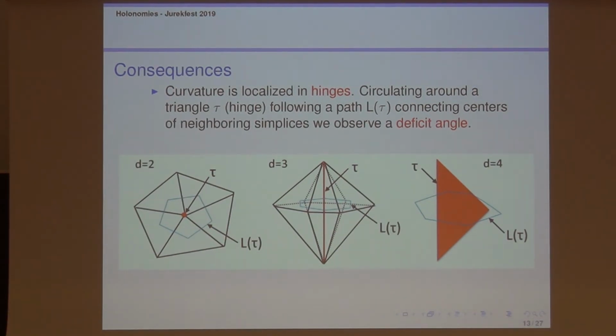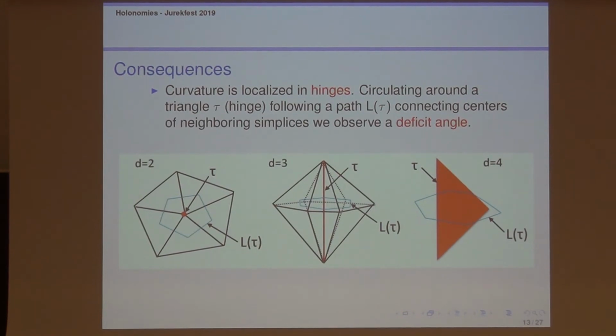In fact, we do not see curvature directly. We can only observe it by measuring the angle we obtain by going around a hinge and trying to figure out the deficit angle. So curvature sits in very special points, not everywhere. It's not a continuous variable. It's only located in the hinges.